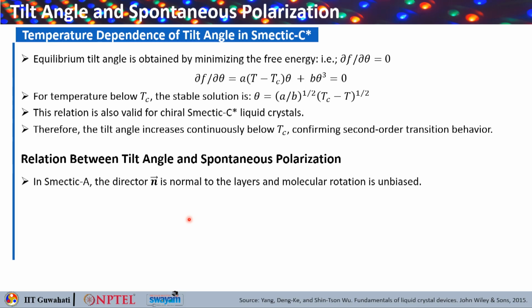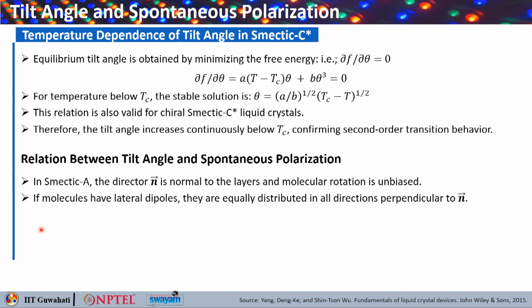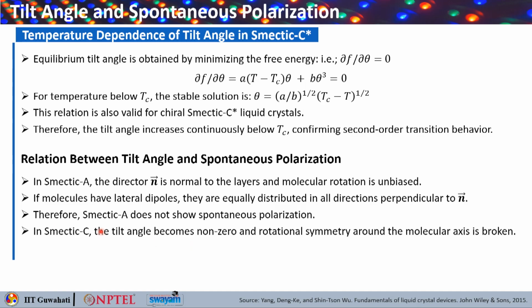You have seen that in smectic A, the director N is normal to the layers and molecular rotation is unbiased. If the molecules have lateral dipoles, they will be equally distributed in all directions perpendicular to N. That is the reason why smectic A does not show any spontaneous polarization.